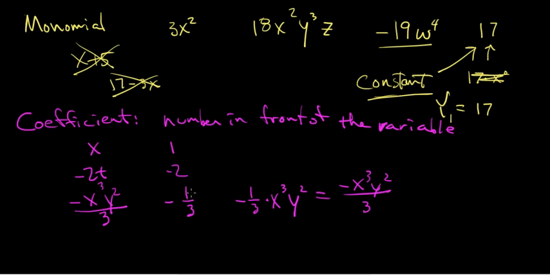So that's why negative 1/3 is your coefficient. Okay. What about negative ab? What is your coefficient? Negative 1, of course. So this is a coefficient. That's the number in front of a variable, or if you can rewrite it in such a way that you have a number like this in front of the variable or variables, that's the way it is.